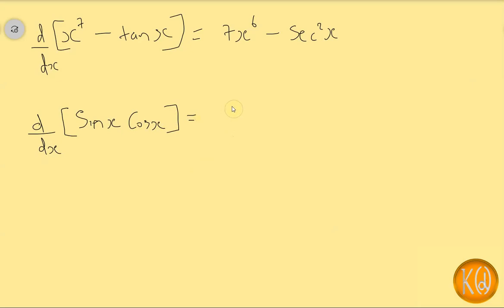The product rule states that it's the first, which is sin x in this case, times the derivative of the second, which is cosine. The derivative of cosine is negative sin x, plus the second times the derivative of the first. The second is cos x, and the derivative of sin x is cosine x.